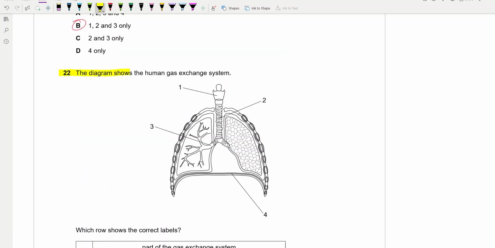Question number 22. The diagram shows the human gas exchange system. We can label these. One would be larynx, two would be trachea, number 3 would be bronchus, number 4 would be diaphragm.